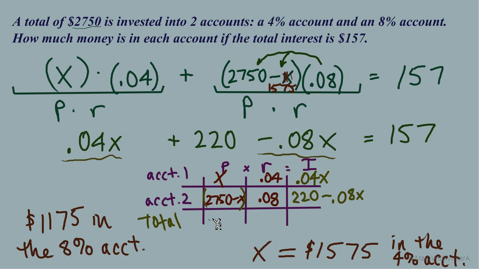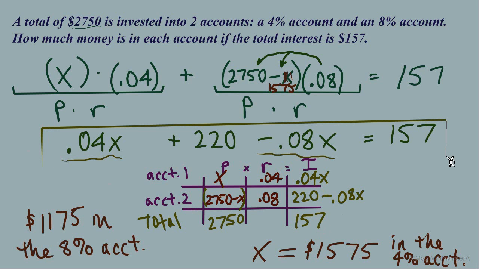We know there was a total of $2,750 invested, and we know the total interest, $157. Now once we have the table filled in, we're usually looking at the column for interest to find our equation. The interest for account 1 added to the interest for account 2 would equal the total. And that is exactly the equation that we have right here.